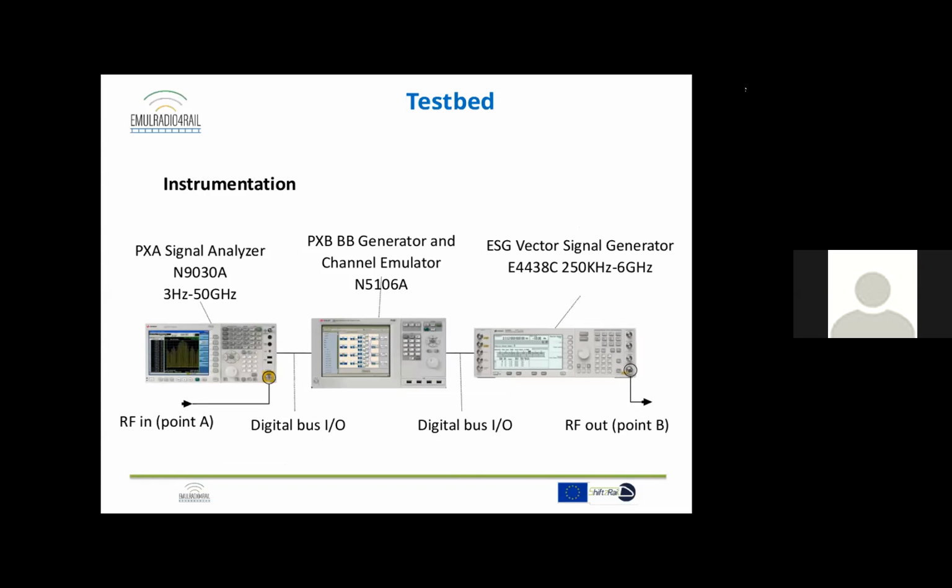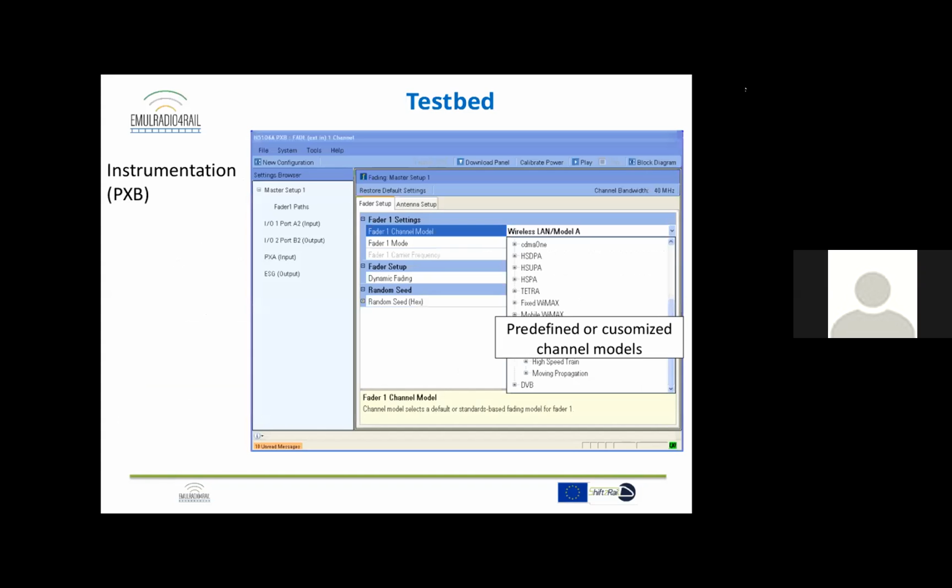Since it's a baseband channel emulator, at its input we need the down converter, which is the VXA signal analyzer, and on the output of the channel emulator we have to set up an up converter, which is the ESG in this case.